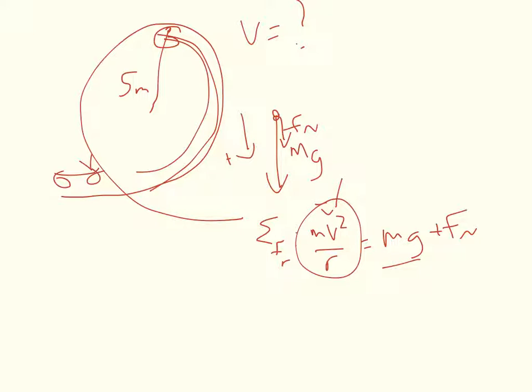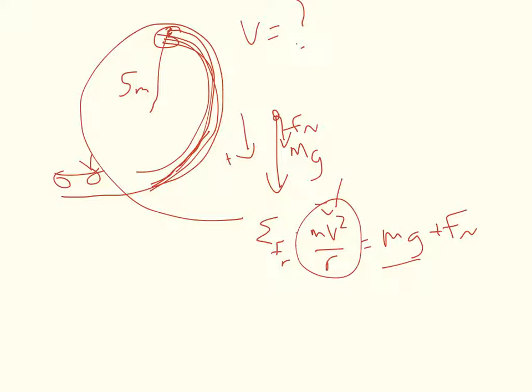So the faster you go, the more force you need to keep you in a circle, and the slower you go, the less force you need. If you're going the minimum speed to make it through the circle, at the top right here, you're just about to fall because you're going almost too slow.